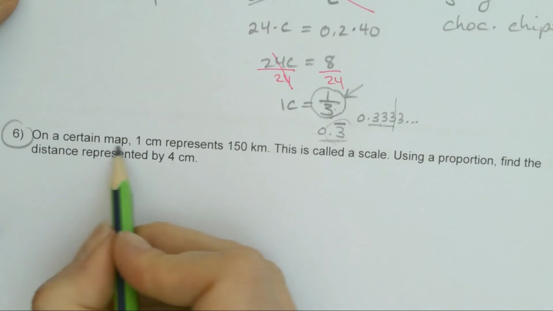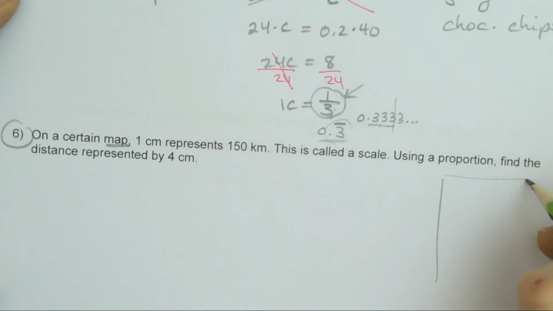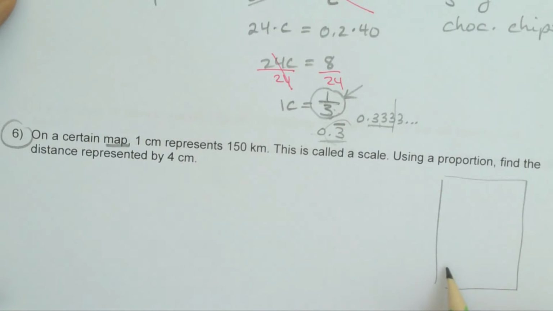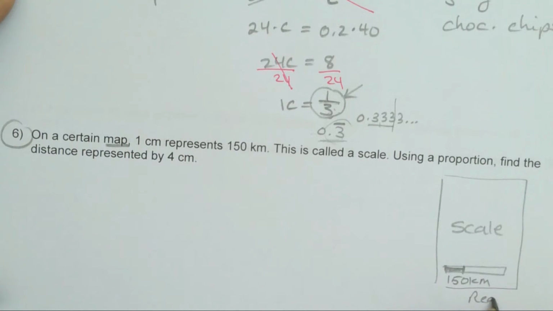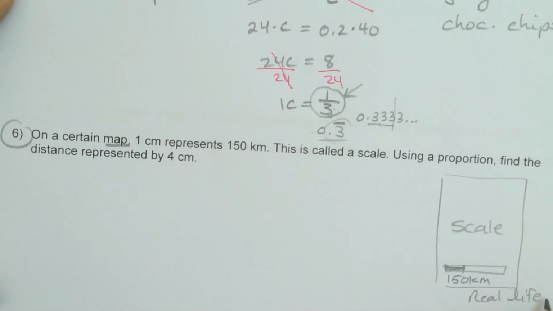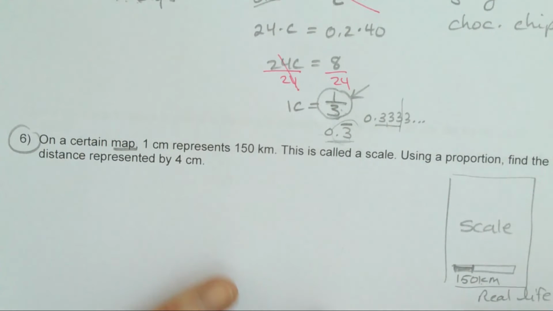So this is about maps. So when we have Google Maps, on the bottom of Google Maps, they have something called a scale, and it will have a distance like this. They'll say this distance is equal to 150 kilometers in real life. Okay, they don't say real life, but it says it equals 150 kilometers, but they mean in real life.